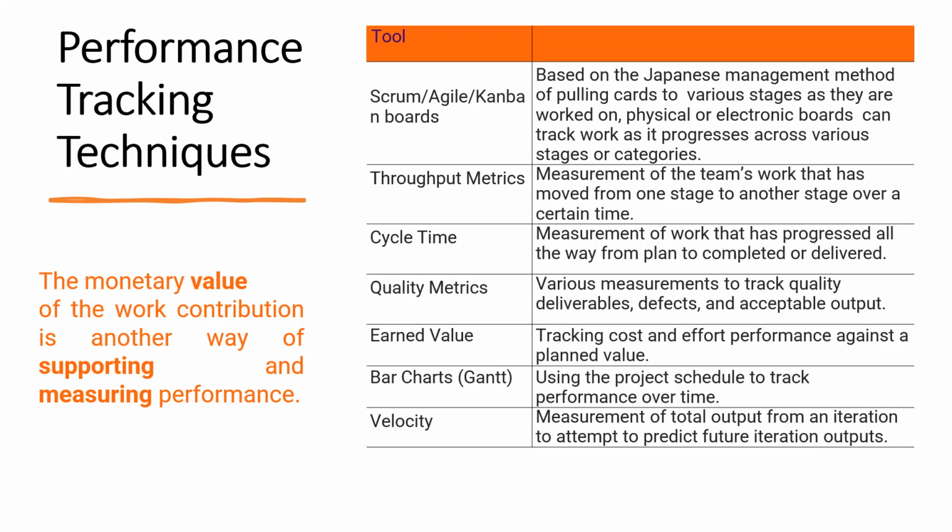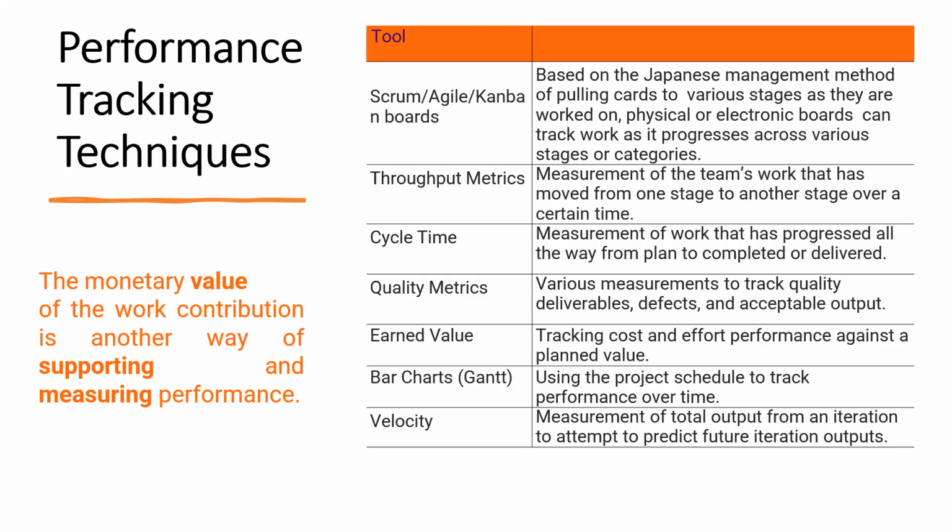The next one is the one we call the throughput metrics. This is the measurement of the team's work that has moved from one stage to another stage over a certain time. Now, the throughput metrics and the cycle time are very similar. I'll tell you the difference now. The cycle time measures work that has moved from plan to completion.